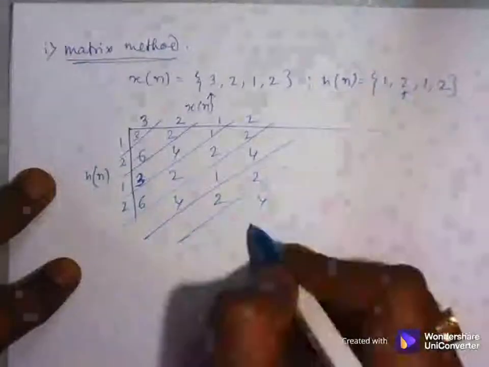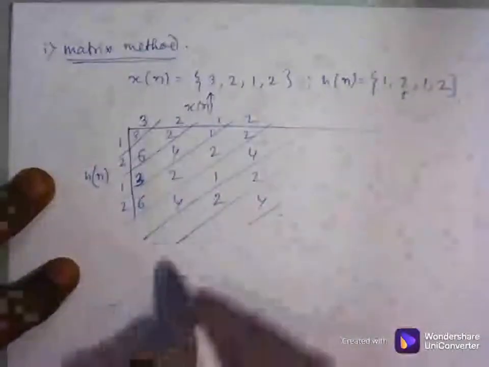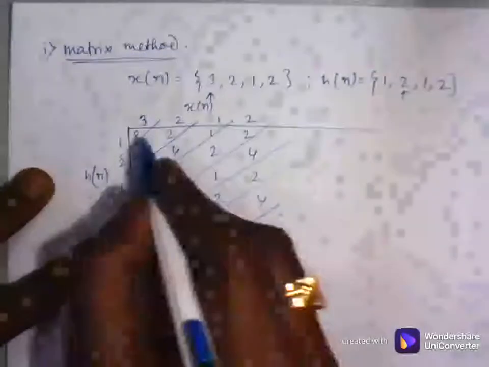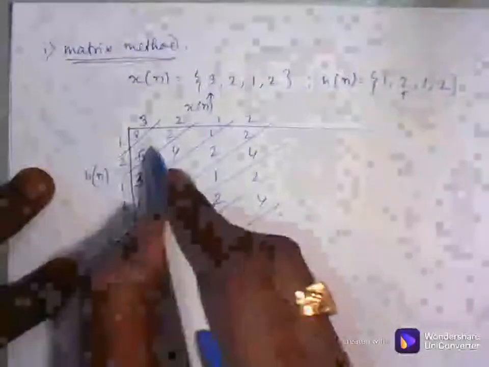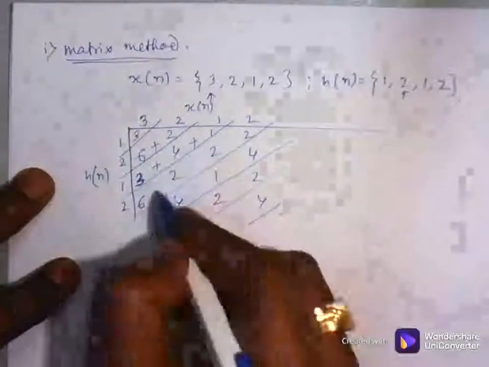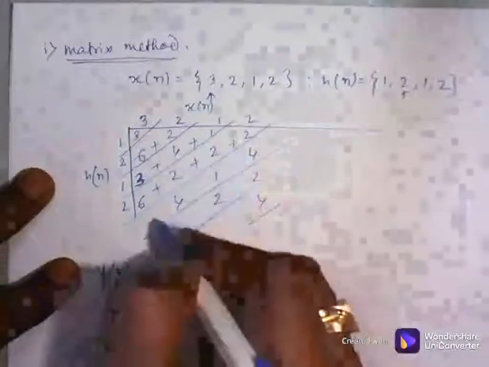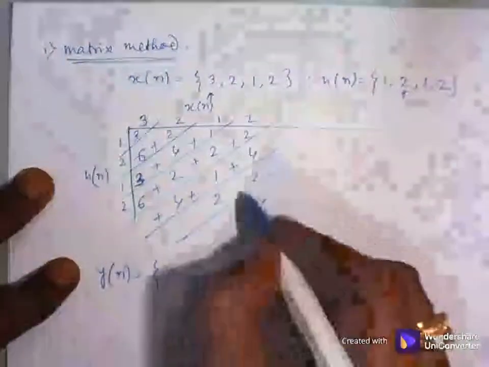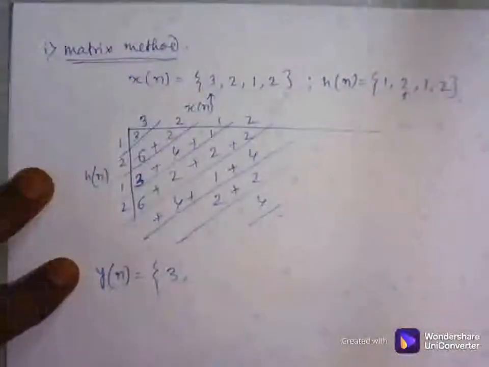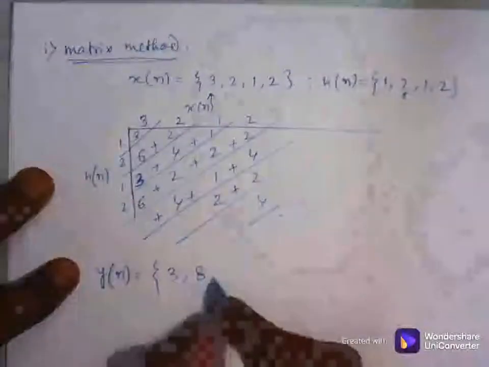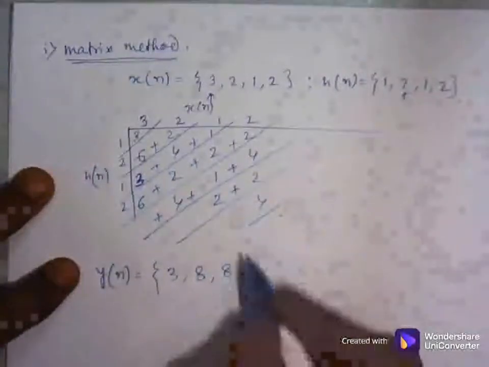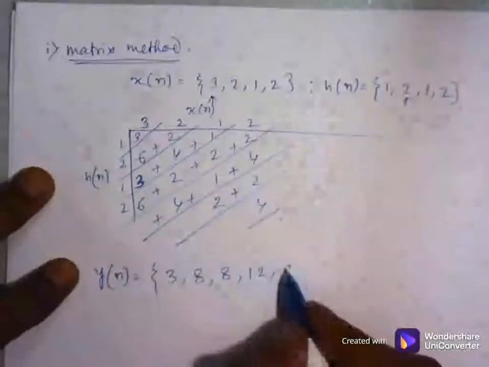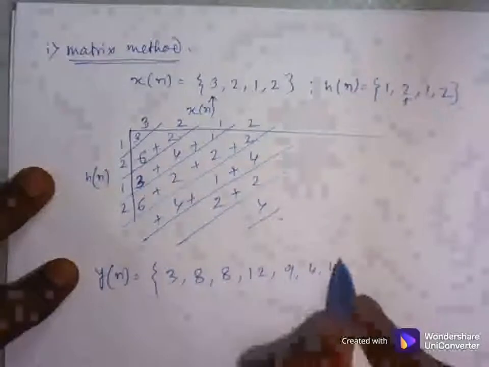So now add diagonally. So the equation will become y of n equal to 3, then the sums. So 6 plus 2 is 8, 4 plus 3 plus 2 is 9, 6 plus 6 is 12, 9, 4 and 4.